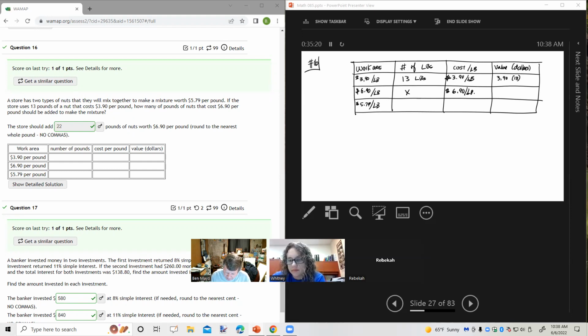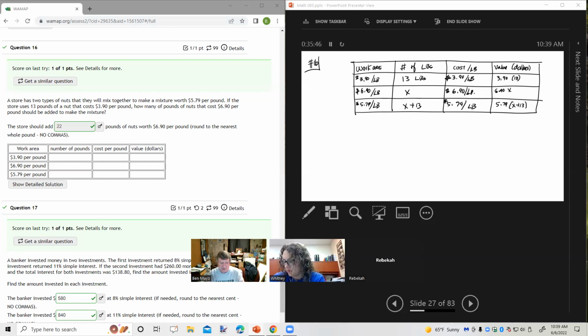The value of the second one, you're going to have 6.90 times X. The value of the third one, you're going to have 5.79 times what? Well, if you've got X pounds and 13 pounds and you mix them together, you've got X plus 13 pounds.